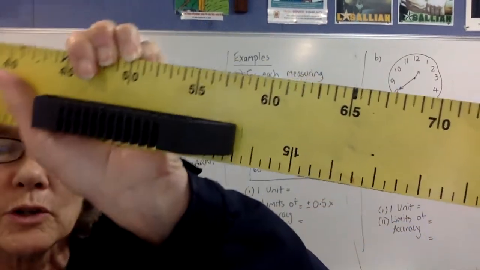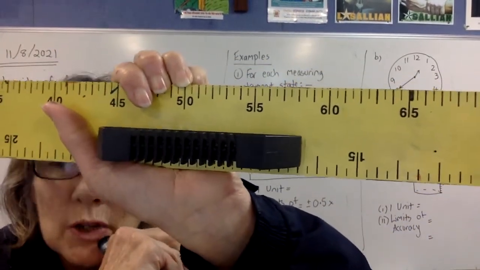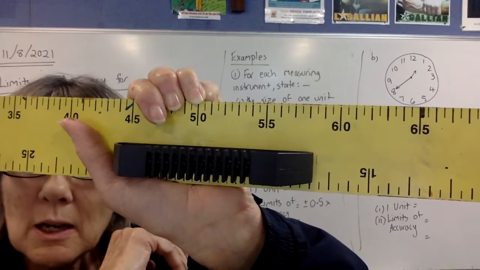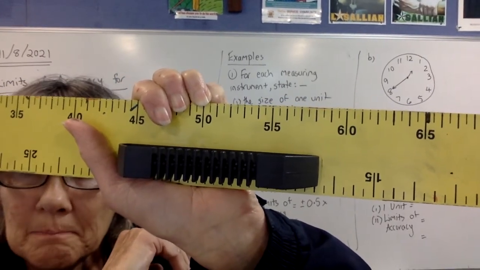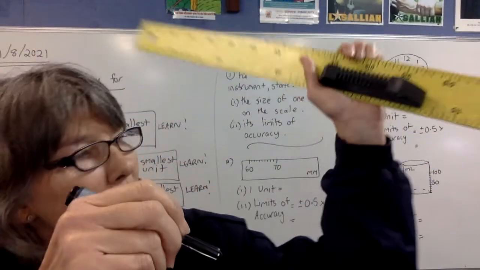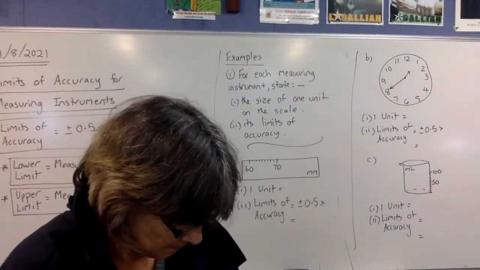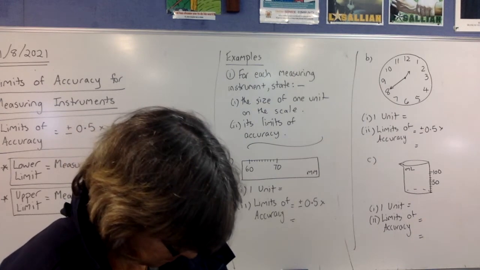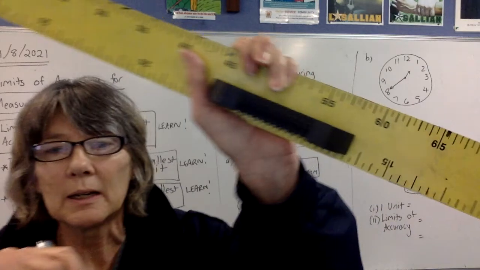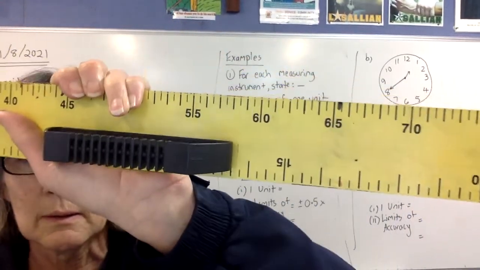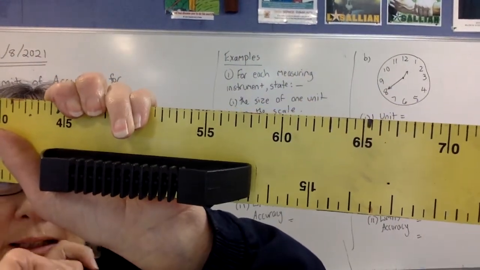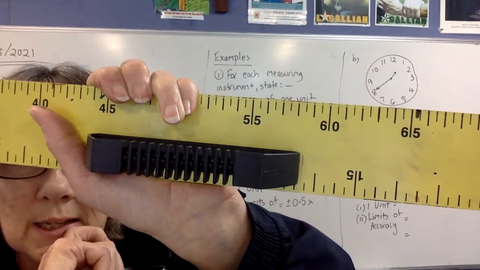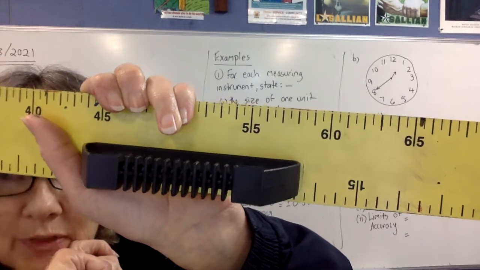So if we were trying to measure it as close as we could to the closest line that we can see, we would say that where I've put the black mark is closest to 65 centimetres. However, if I put it somewhere else and measured something and it came up to there, that black mark is closest to the next little line, which is 65.5 centimetres.